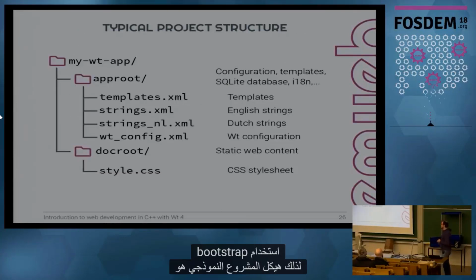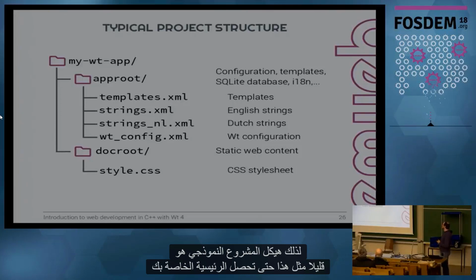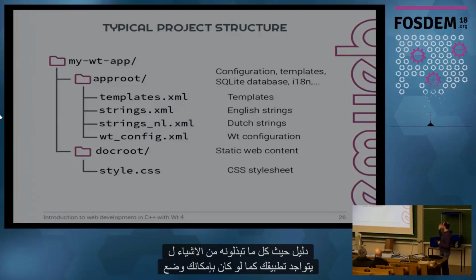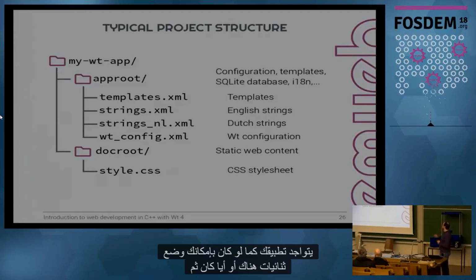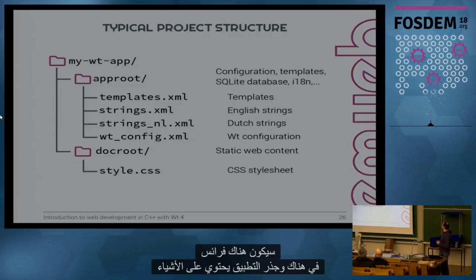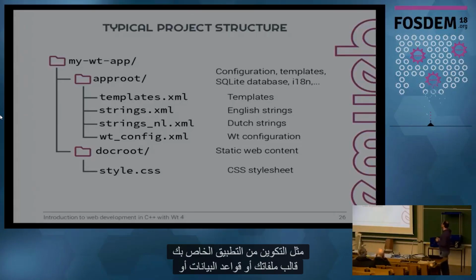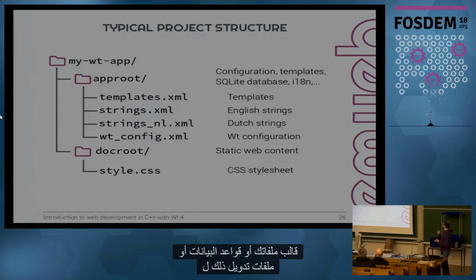So the typical project structure is a bit like this. You get your main directory where all of your stuff for your app resides, like you could put your binaries there or whatever. And then there will be an app root in there. The app root contains stuff like configuration of your application, your template files, SQLite databases, or internationalization files.